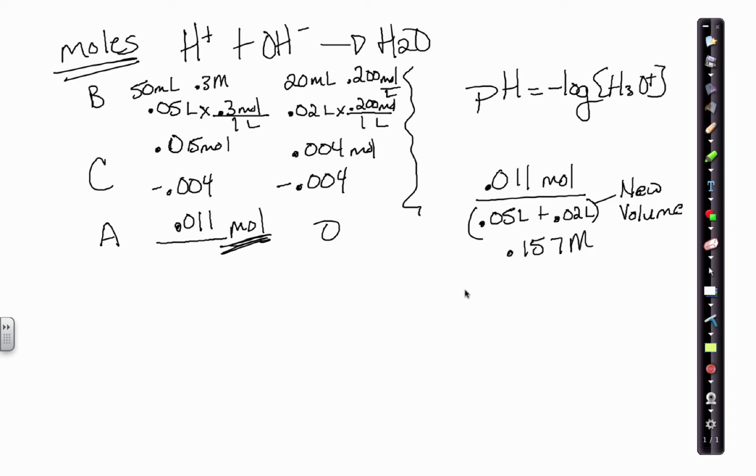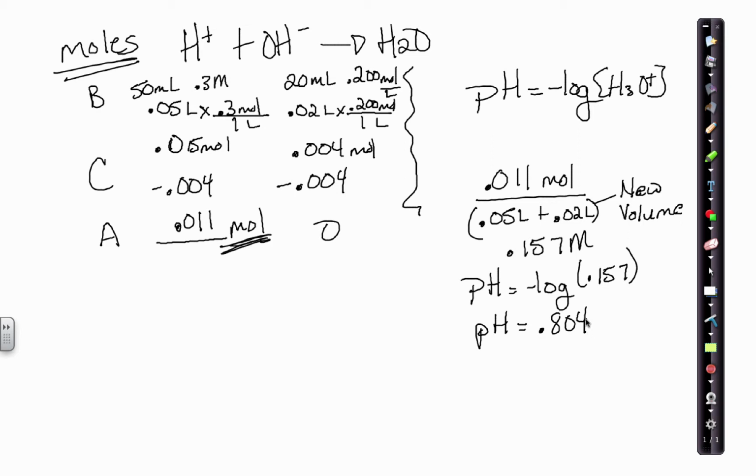So now I can plug it into my pH equation. That's equal to the negative log of 0.157. So my pH is now equal to 0.8. So my pH went up a little bit.